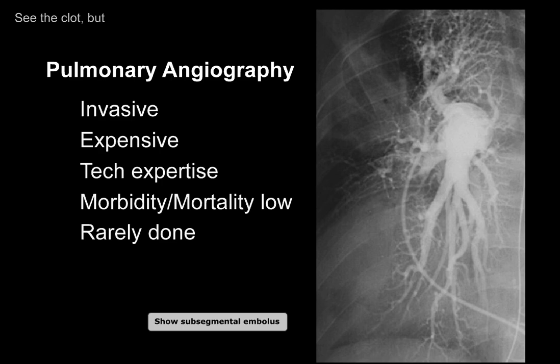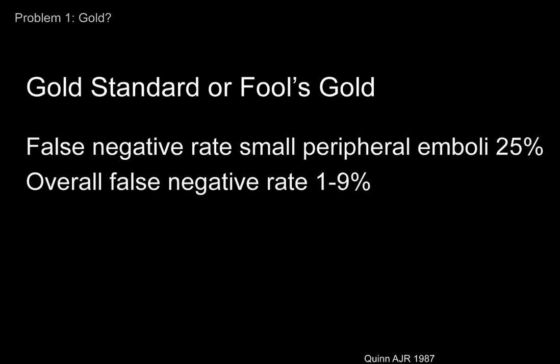The one traditional test that does depict the clot is pulmonary angiography. Various reasons have been given for the poor utilization. In any case, this is a rarely performed test. Pulmonary angiography is not perfect, especially for small subsegmental emboli.